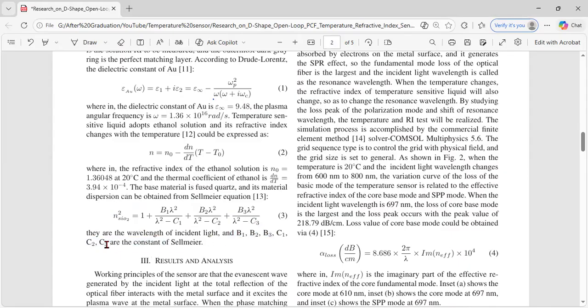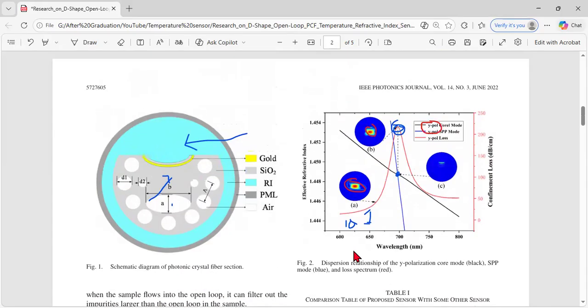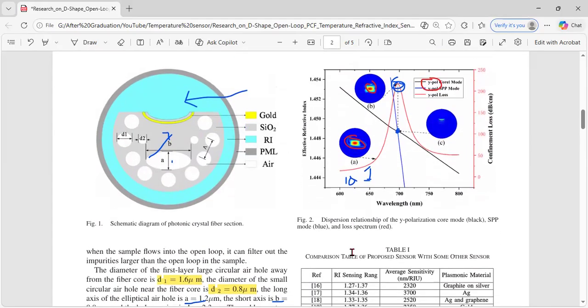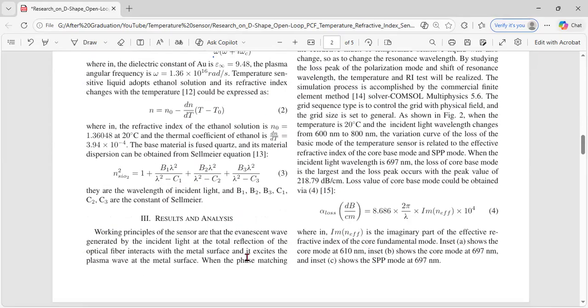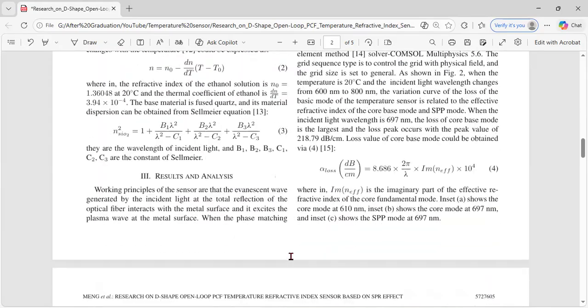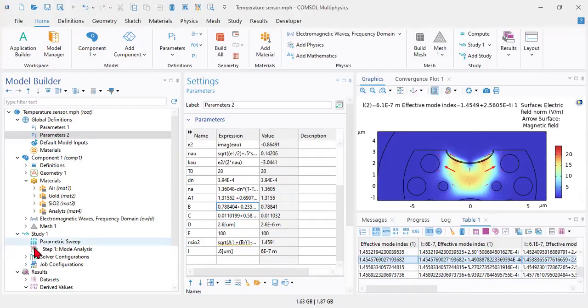That's another issue. First of all, I mentioned to you this paper is kind of not good actually. I'm pretty sure this paper is not good. That's why it's showing lots of problems.